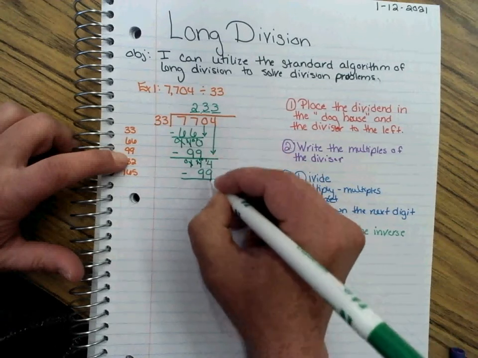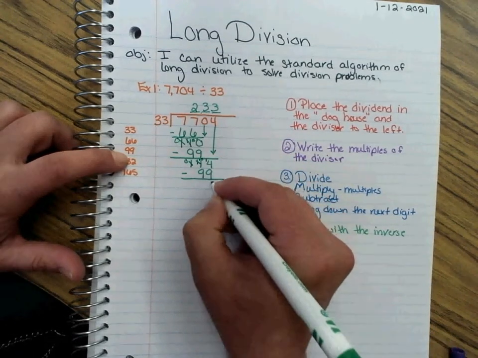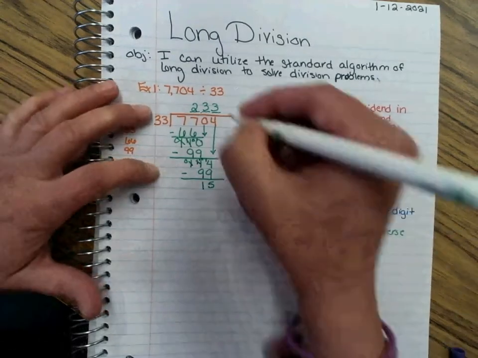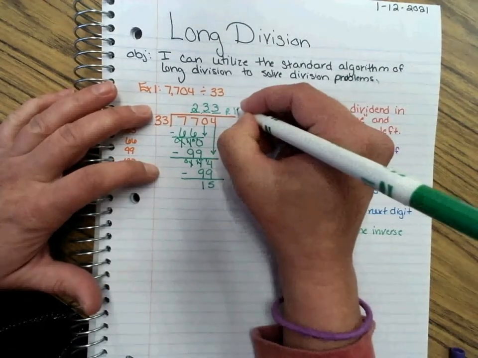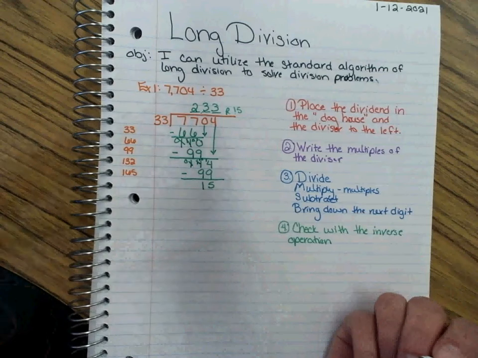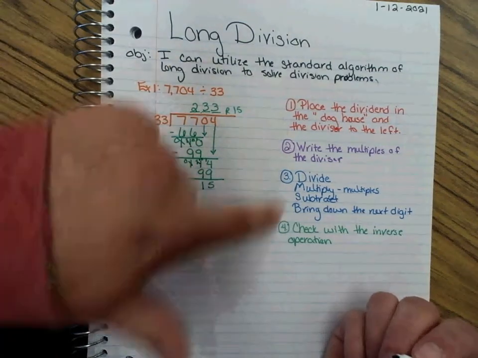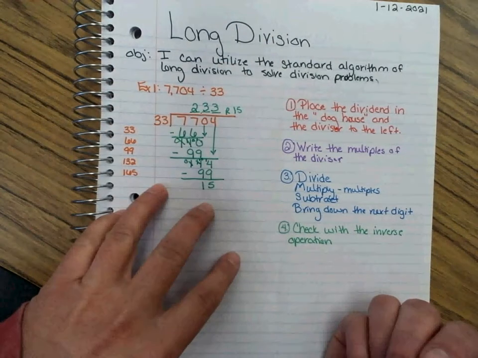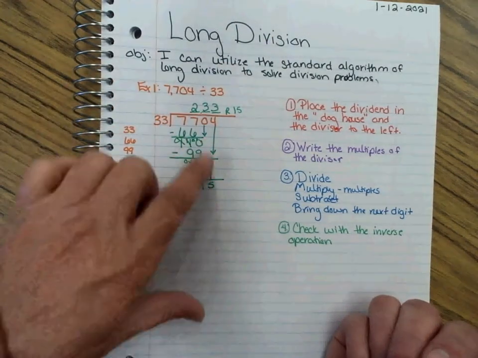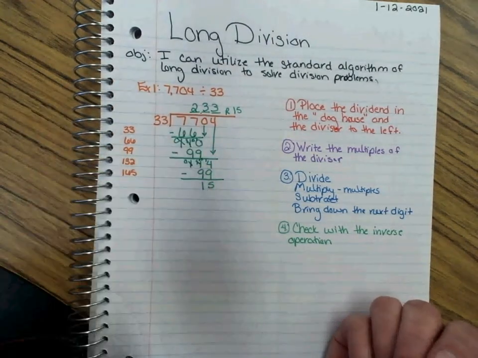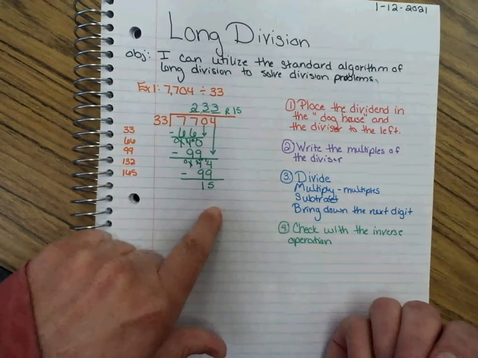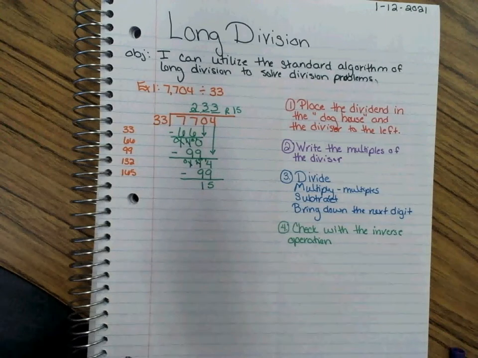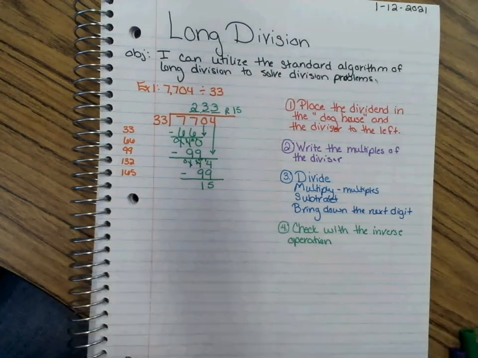I borrow. 10, 14, okay, that gives me a 5 here, it gives me a 1 here, and so now I have this remainder, 15. And again I check with that inverse operation, and we know this one checks out because that was the same answer that we got in our box method. That's the main difference, is you have to keep it lined up, and you're bringing down the next digit instead of bringing it over, okay?